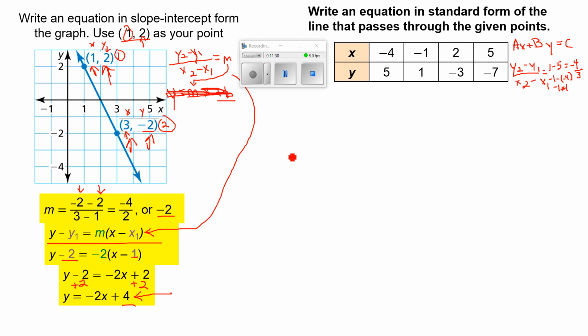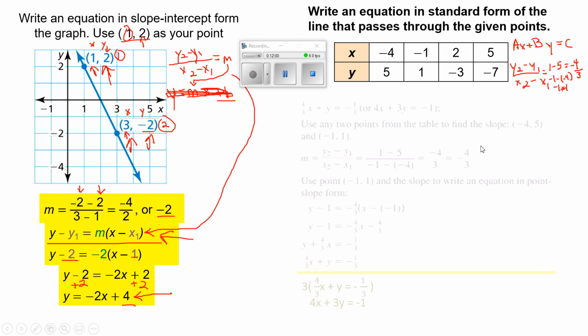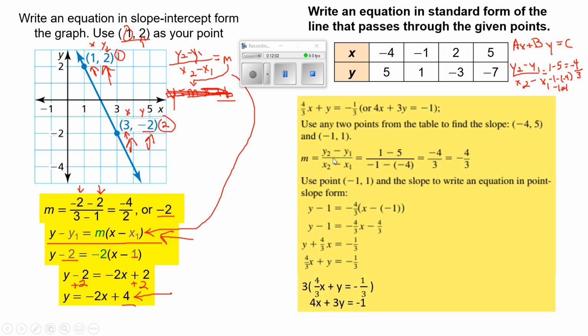Now that we have our slope, let's see if we want standard form. Since we don't have x equaling 0, we're going to have to put it in our point slope form, just like we did over here, and then solve it and put it into our standard form. Let's see if I'm right. Yep, here's our slope formula. This is where we got negative 4 over 3. Then we put it in point slope form. We replaced y, which over here was 1.